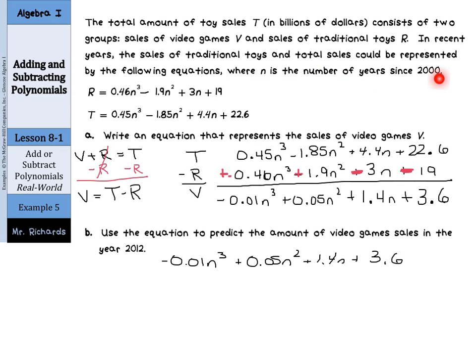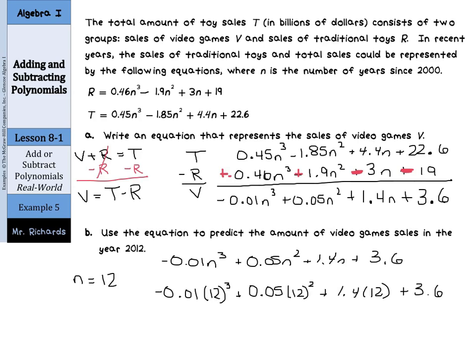And so for 2012, n is going to equal 12. And so now we put in 12 for n. We're going to have negative 1/100th times 12 to the third power plus 5 hundredths times 12 squared plus 1 4/10 times 12 plus 3 6/10.